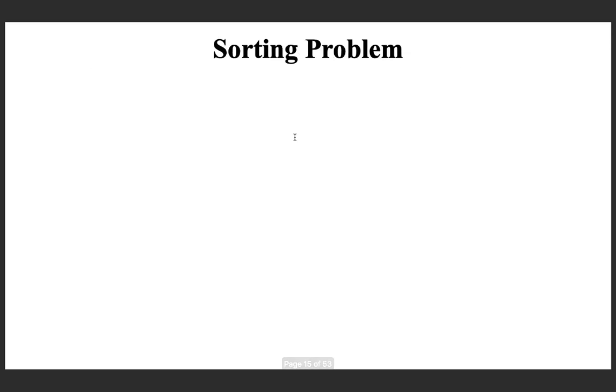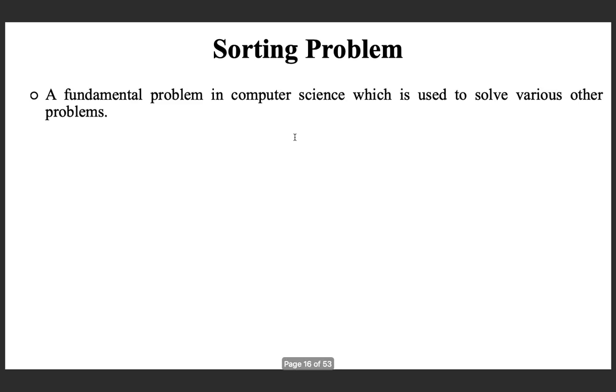Now, we can try to understand what an algorithm is using a very well known problem in computer science known as the sorting problem. Maybe we can try to devise an algorithm for this problem. Before we go to an algorithm, see that it is a fundamental problem in computer science which is used in various other solutions. If you want to define the sorting problem, how will you define it?